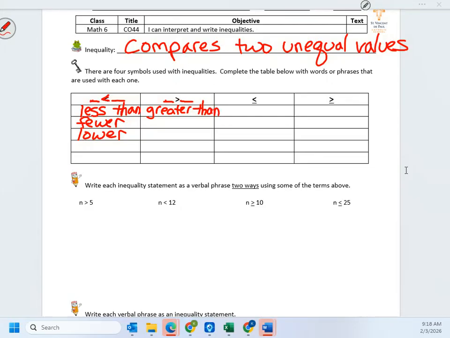Another way of saying the left is more than the right. Or it is higher, a higher number on that number line. On the thermometer, it's a higher number, and it's bigger.